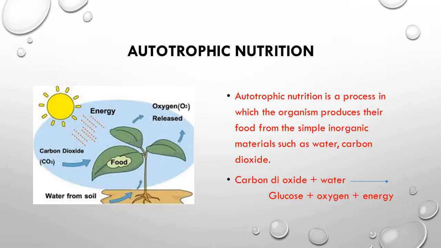Here is one reaction: carbon dioxide plus water mix with each other, and they give glucose, oxygen, plus energy. So we get energy from the photosynthesis process. Plants make their food in the presence of sunlight. That process is called photosynthesis, and we get energy and oxygen from plants.